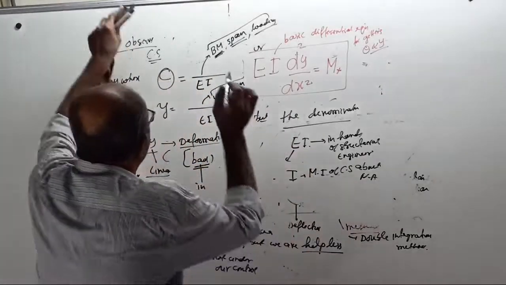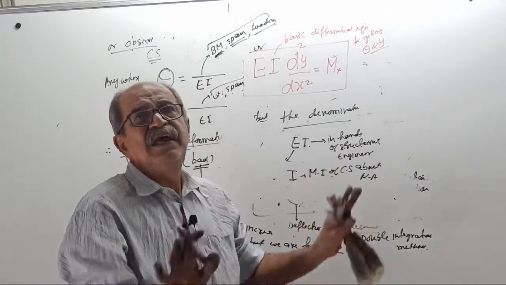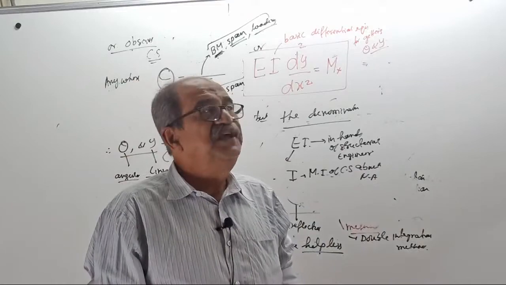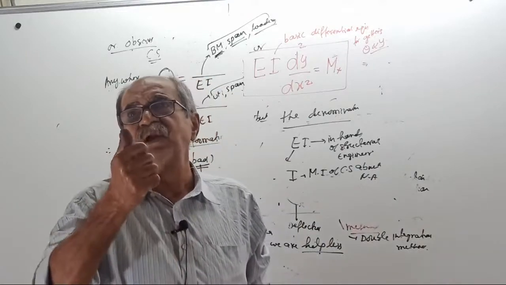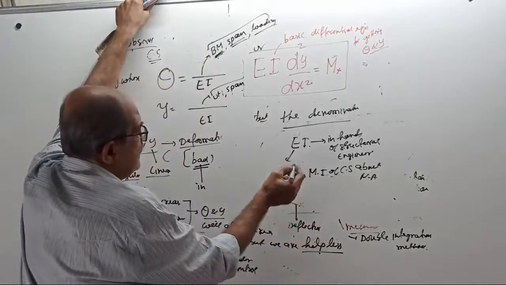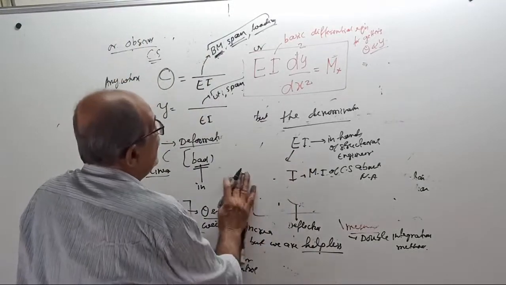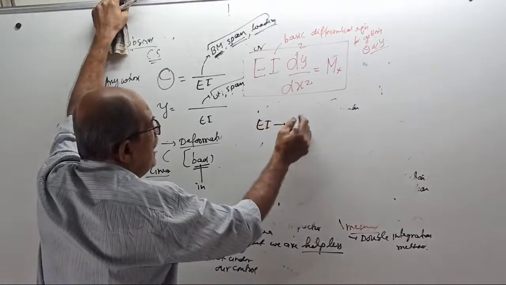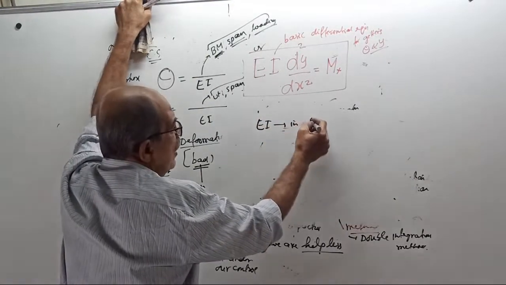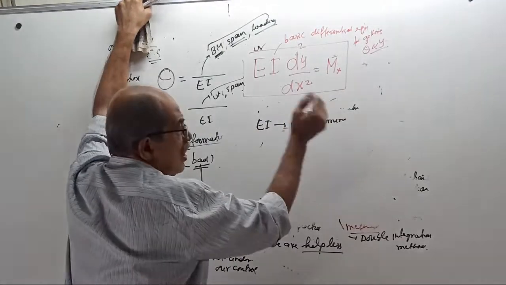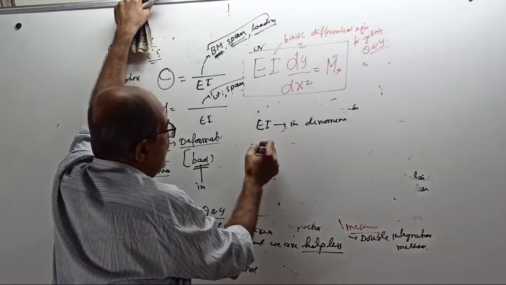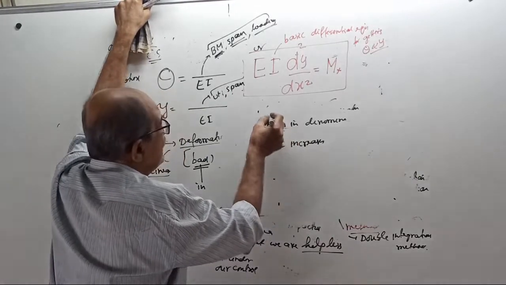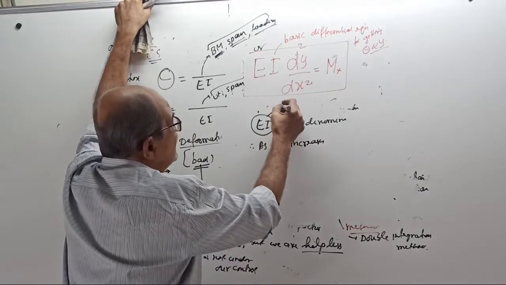Therefore, the numerator is not in our hand. We are helpless. But the denominator is under our control. The term EI comes in the denominator. Now, the term EI has a name.